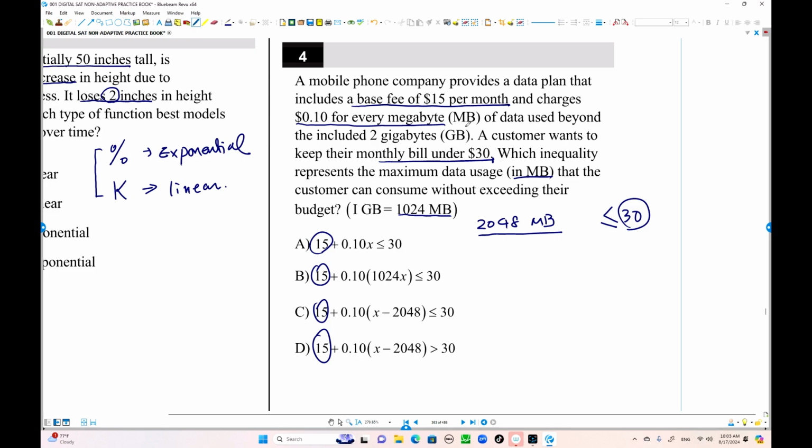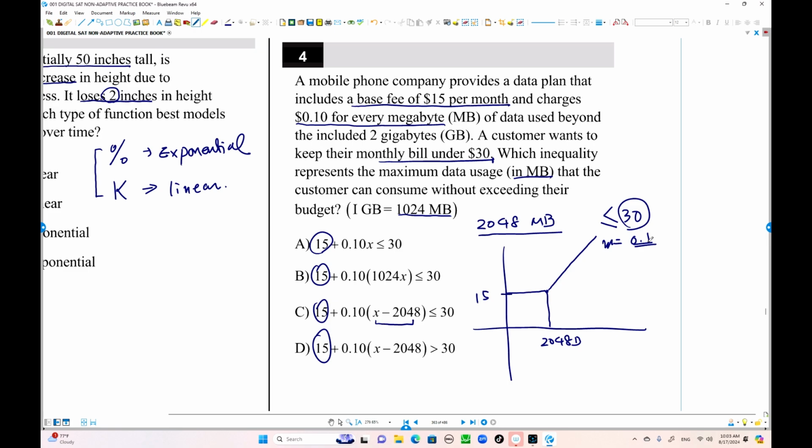That's why over here, additional used megabytes is x minus 2048. And then you can also use the graph over here. That is $15 up to 2 gigabytes, 2048 megabytes, same price. After this, if you use more, you have to pay 10 cents for each megabyte. The slope is 10 cents, 0.1.